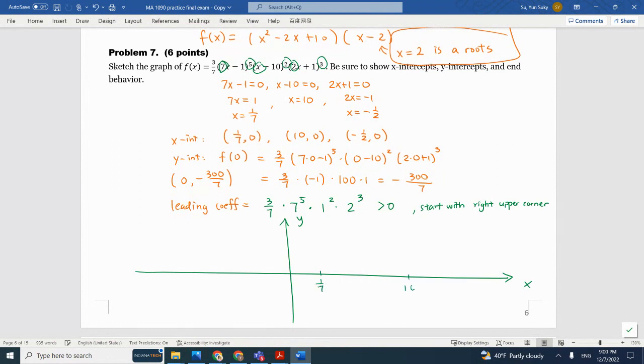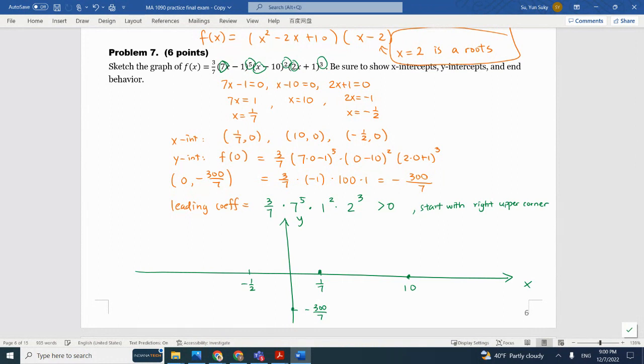Put it here. 10, let's put it here. Negative 1/2, let's put it here. The scale might not be right. We just want to sketch it. We don't have to get a very precise picture, okay? And the y-intercept, 0, negative 300 over 7.